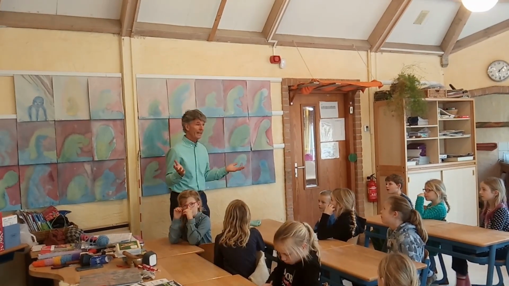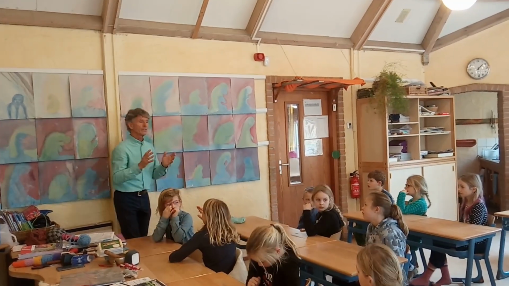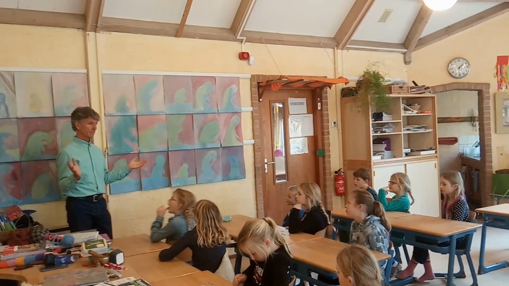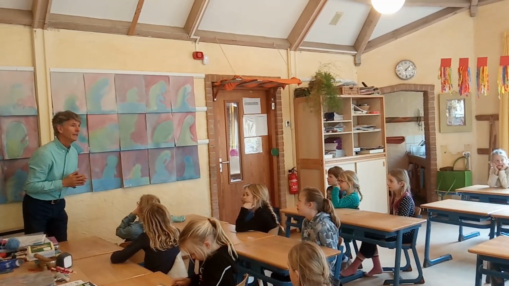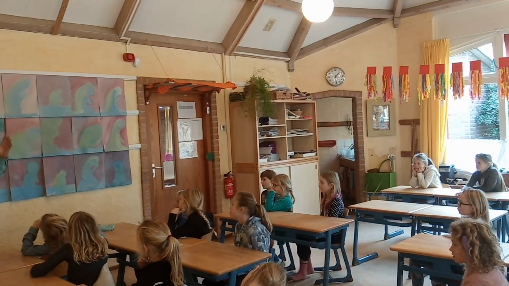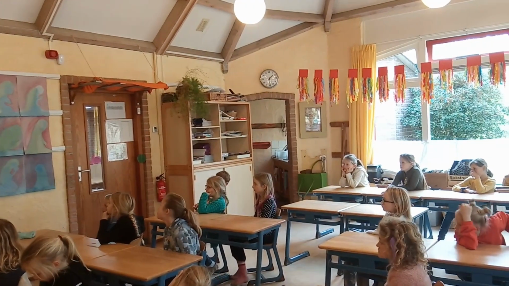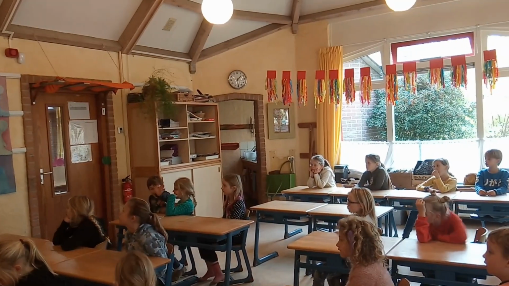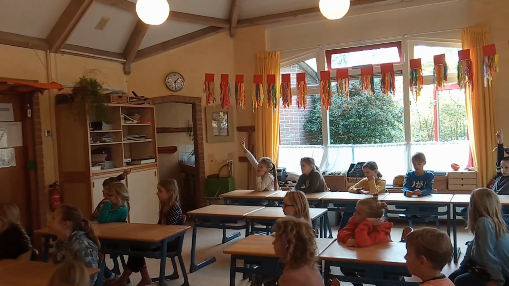Is there another way you see? Van klein naar groot. From smaller till more large. Okay. Klein, groot, klein, groot, klein, groot. Oh, you see small and big. You looked very well at the paintings. Wat was het onderwerp? What was the theme? What have we done as an exercise?